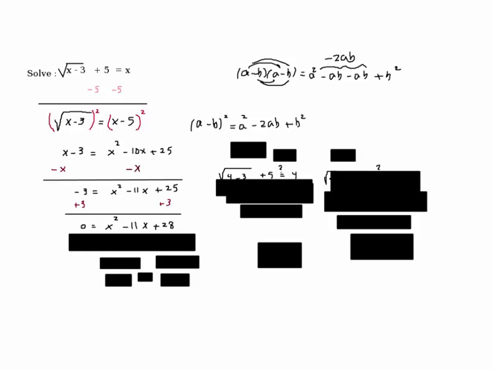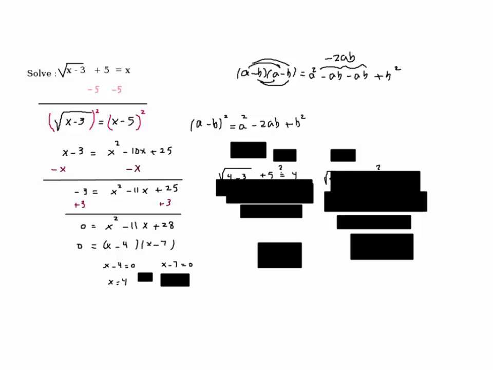X minus 7, x minus 4. Yeah, x minus 4, x minus 7. So we can easily solve for x now. So it would be x equal to 4 or x equal to 7.